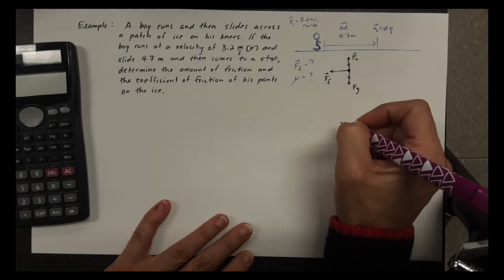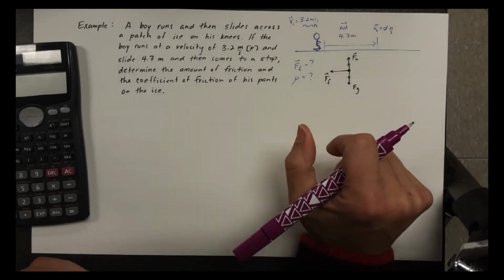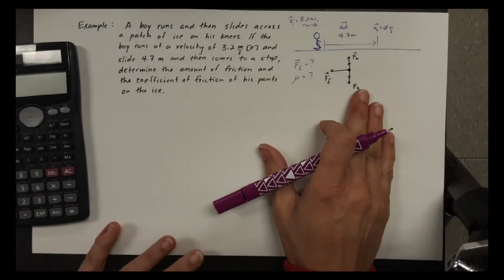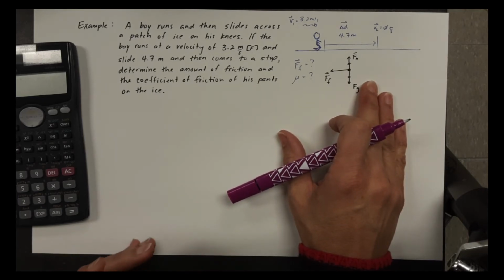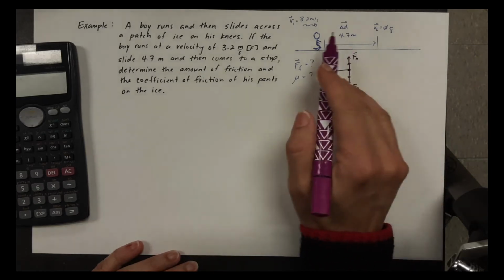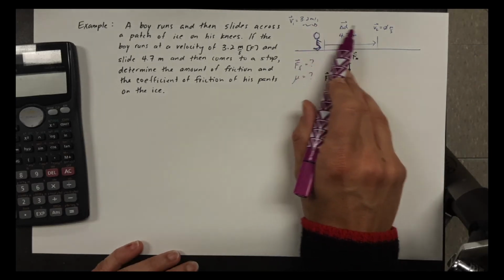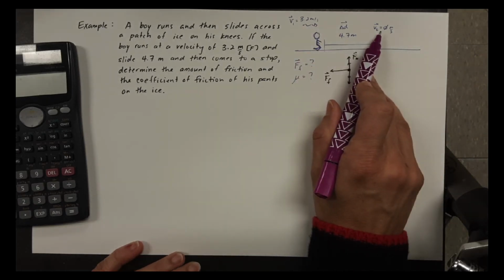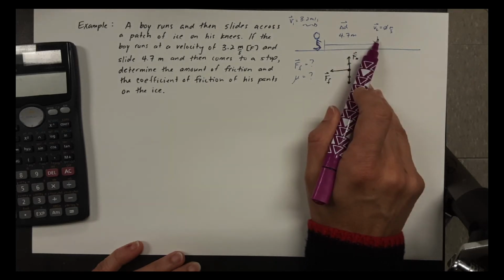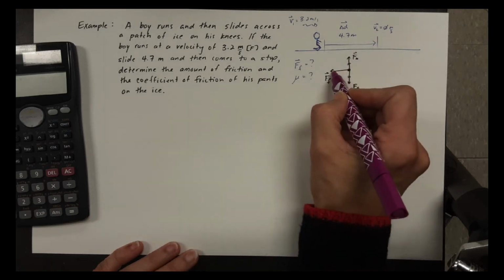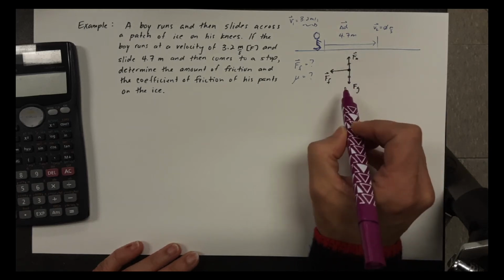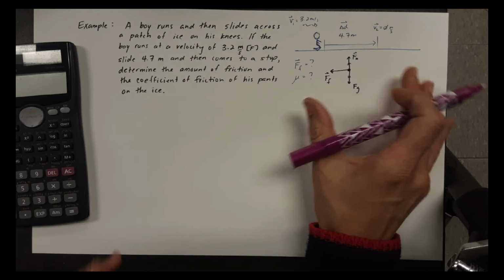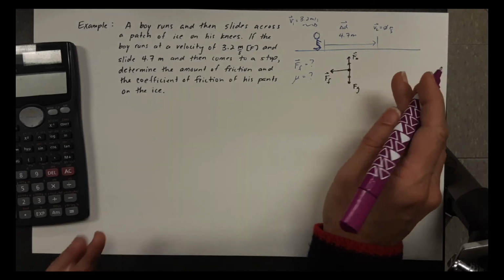So, in terms of Newton's laws, you need to think of what forces are acting on the object, what is causing the acceleration if there is any. In this case, there's definitely a slowing down, so there's going to be a negative acceleration that occurs over this displacement. And the only force causing that is the force of friction, because the normal force and the gravity are perpendicular, so they have no relevance to the friction directly.